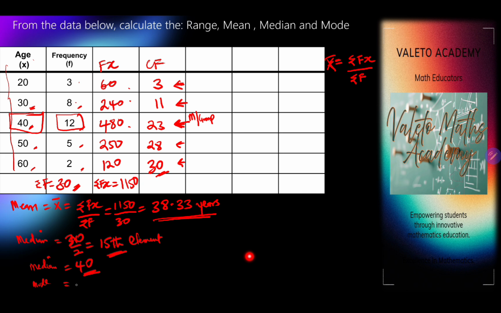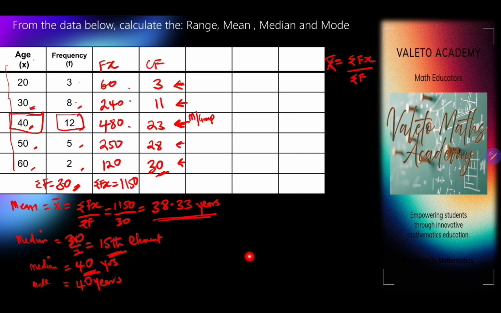We have 40 years. So it means that our mean is 38.33 years, our median is 40 years and our mode is 40 years. You see, they are all tending towards the middle of the data set. That is why it's called measures of central tendencies.